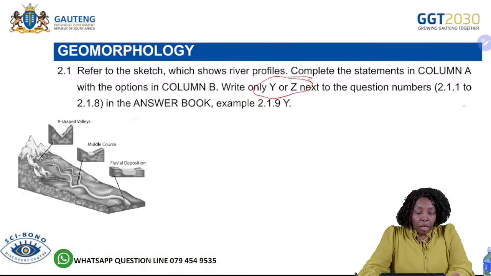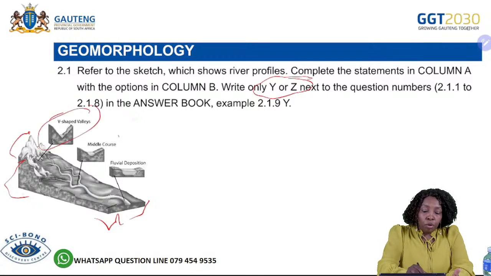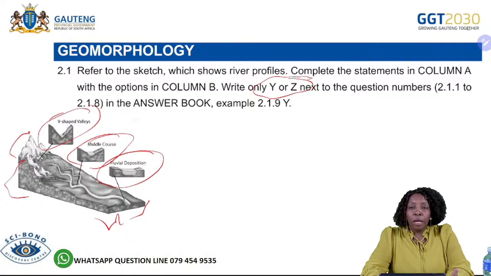And what we can also see here is a beautiful diagram showing us the aerial view of the river profile. This one is your aerial view, and then we also have the cross sections of the whole river profile.